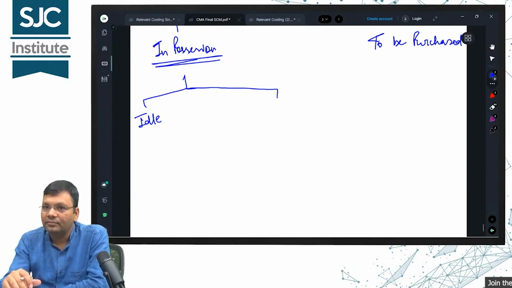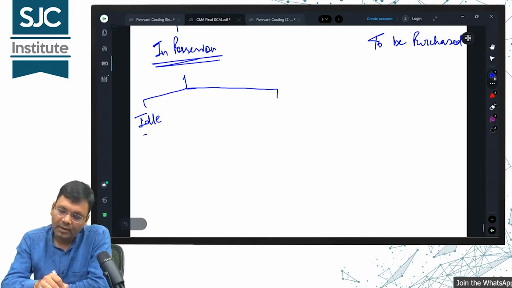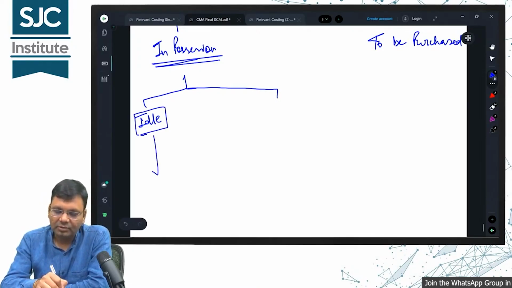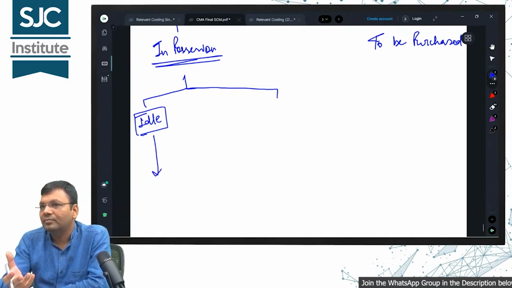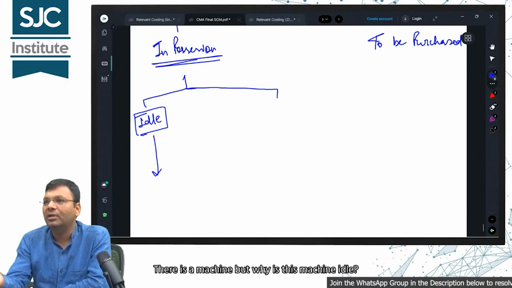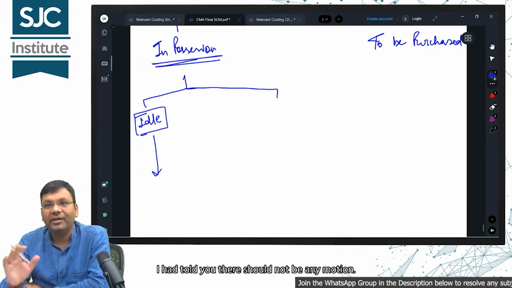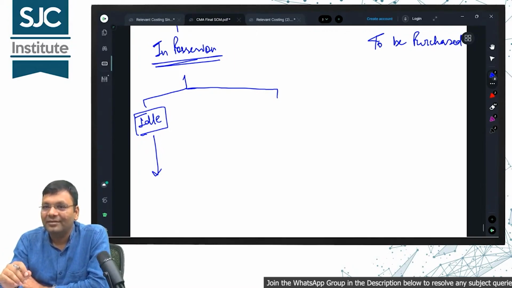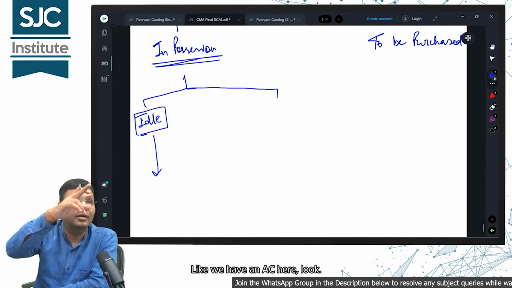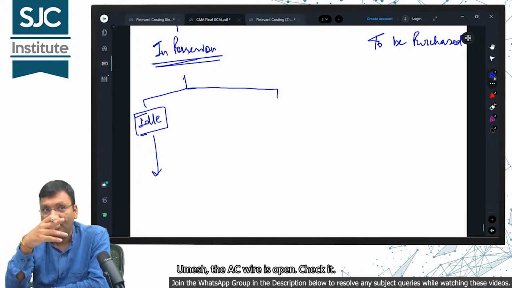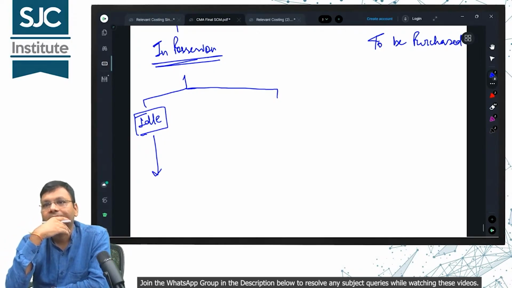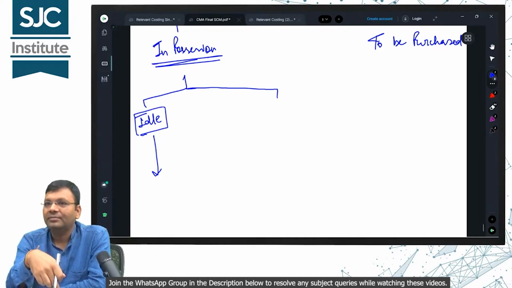Non-moving, no use. If the machine is idle, then what will you do with it? I mean, there is a machine, but why is this machine idle? I had told you there should not be any motion. Like we have an AC here, look. Umesh, the AC wire is open, check it. In possession. Is it in use?